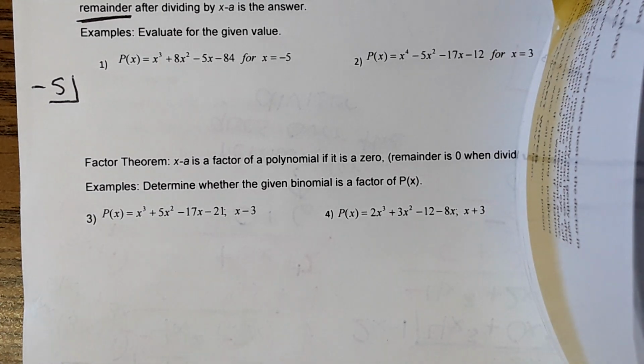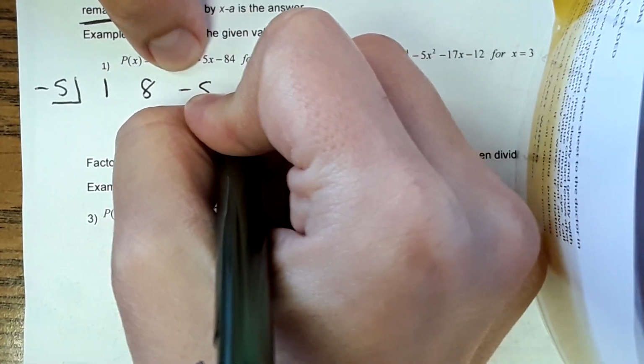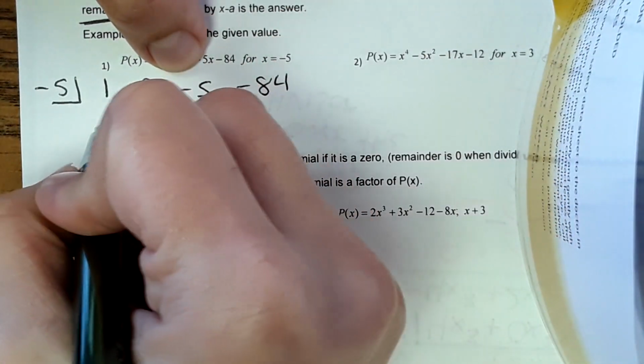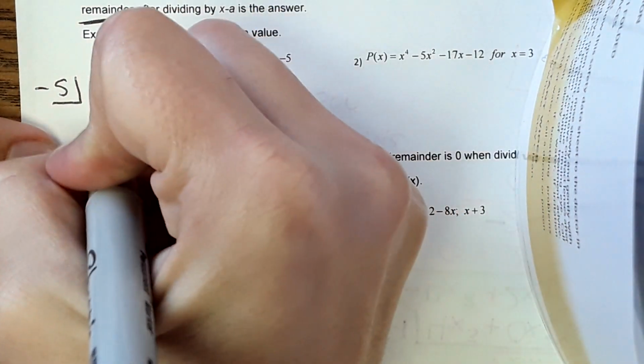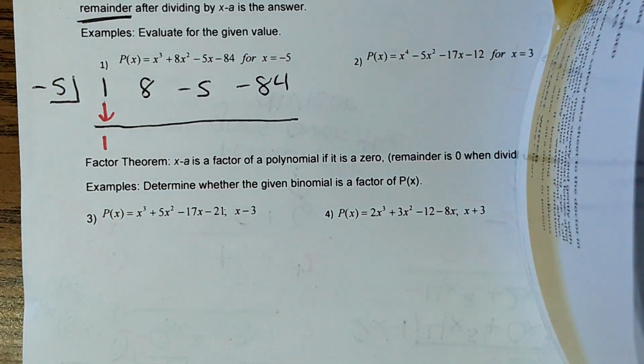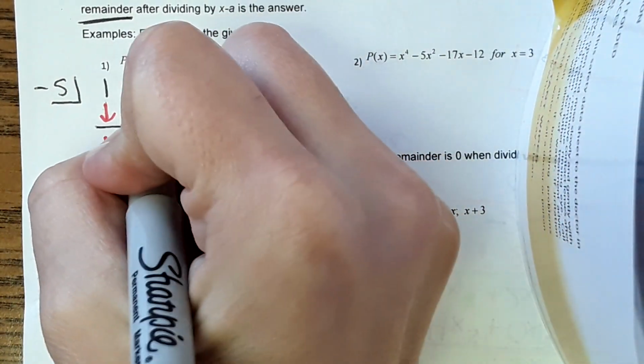Okay, now we list out the coefficients. And then repeat that same process. So bring down the first number. Then 1 times negative 5 is negative 5.